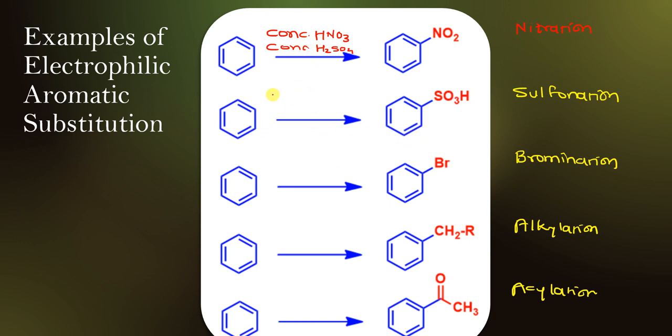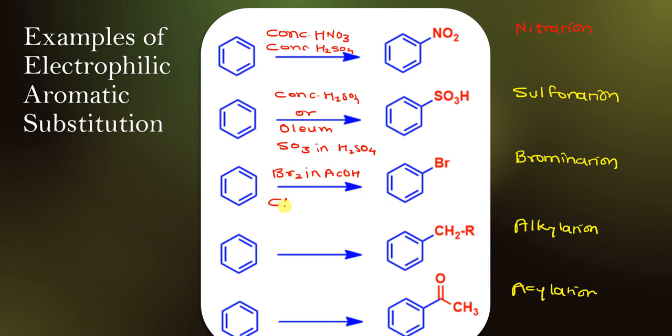For sulfonation we use concentrated H2SO4, or we can use oleum. Oleum is a mixture of SO3 in H2SO4, right? For bromination we can simply use bromine in acetic acid.